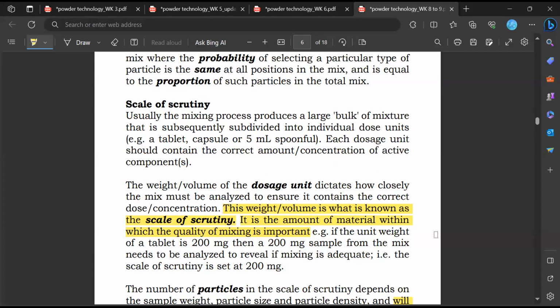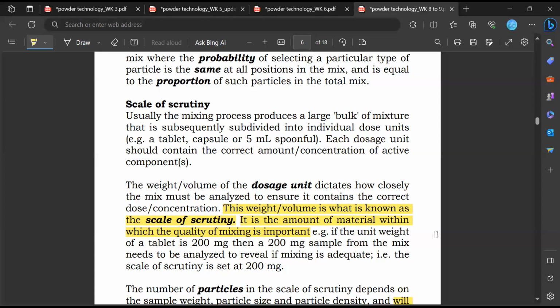Let me repeat that. Scale of scrutiny is weight over volume, and it's an important part of mixing. If the unit weight of the tablet is 200 mg, then you need to pick out 200 mg from the sample and analyze that 200 mg to see if mixing is done properly.